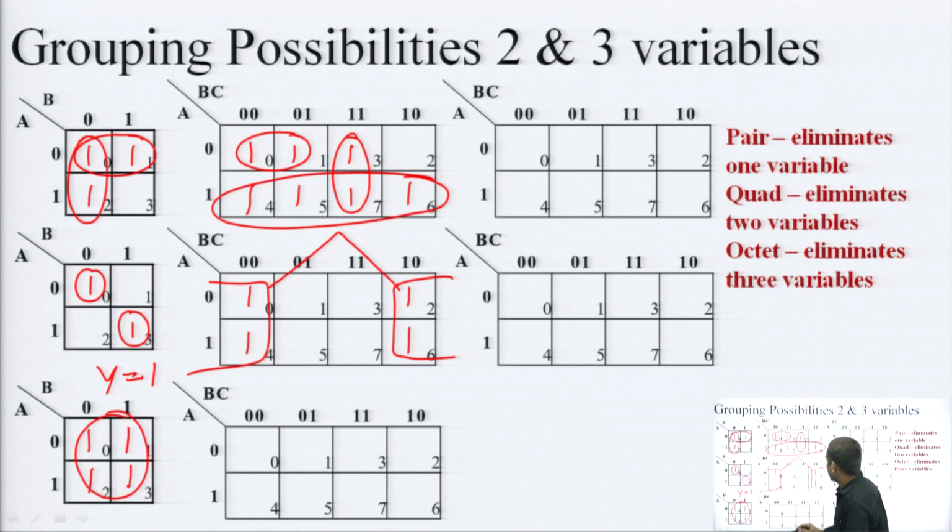Similarly, I can have this quad entry, and if I have this one here and this one here, this can also be a quad entry.